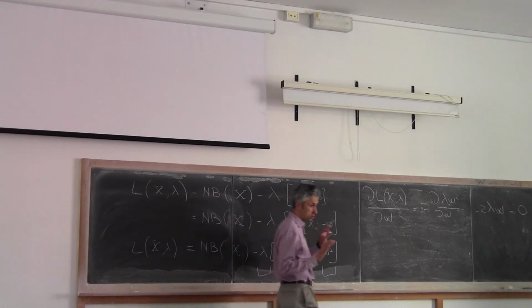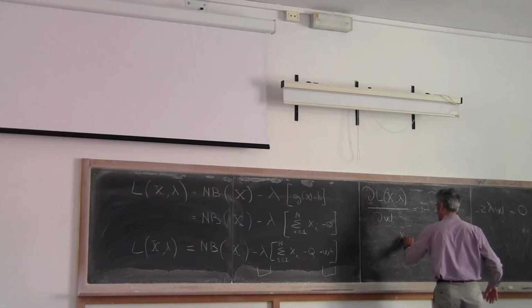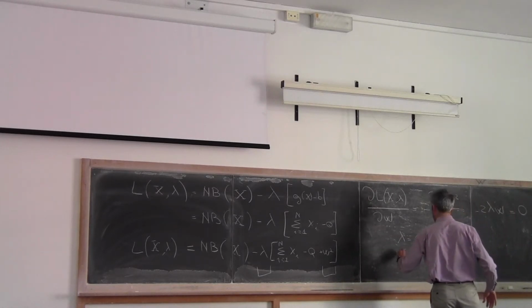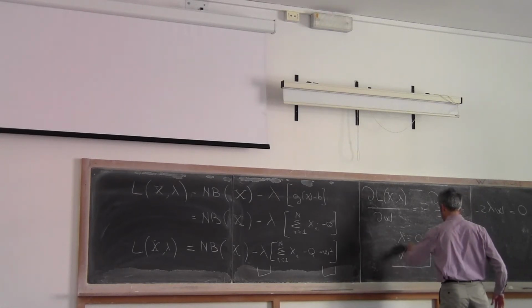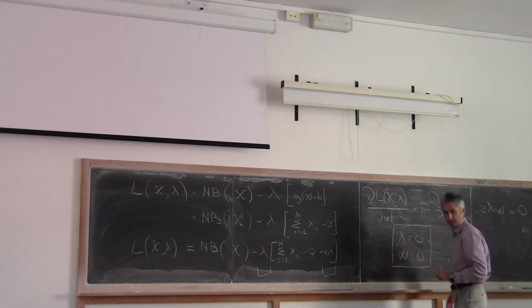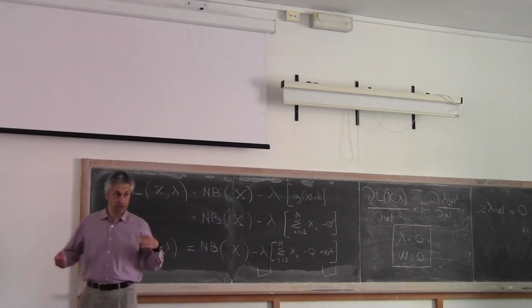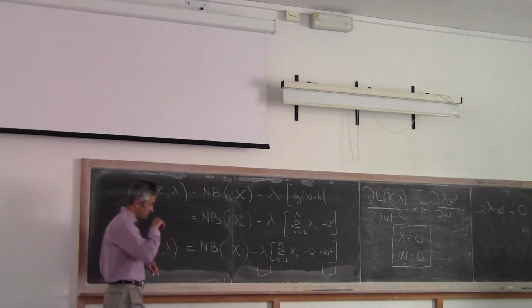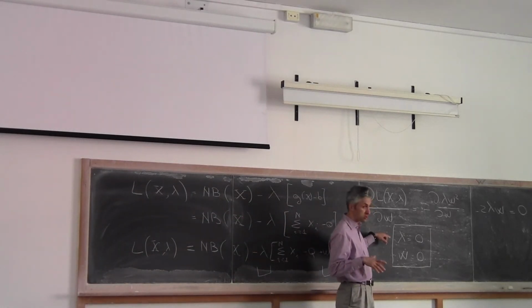This equation has two solutions. The first one is lambda equal to 0. The second one is W equal to 0. There are two solutions to this additional equation. Now let's try to understand what these solutions mean.